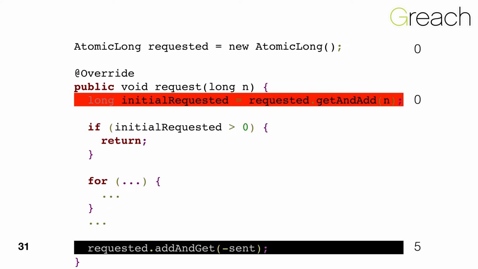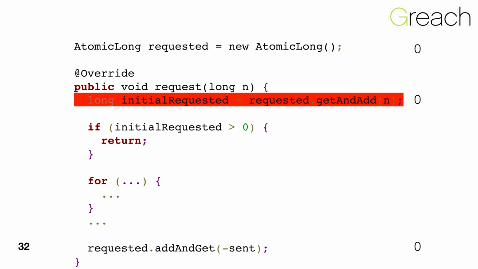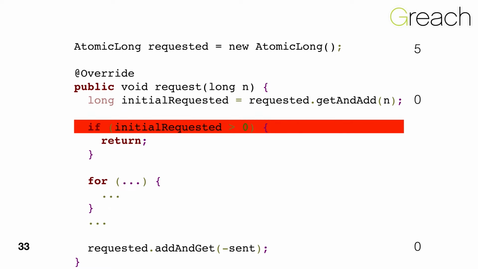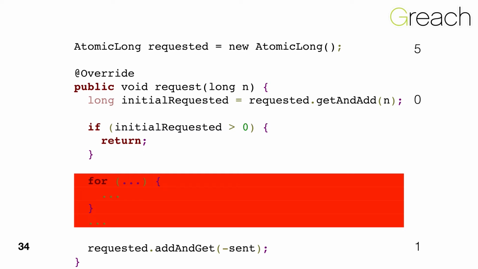Since we have these atomic guarantees, if we decremented this number first, then it happens before this execution, so the red thread should observe the changes done by the black thread and should increment requested to, for example, 5, read the initial requested as 0 and start doing its work.